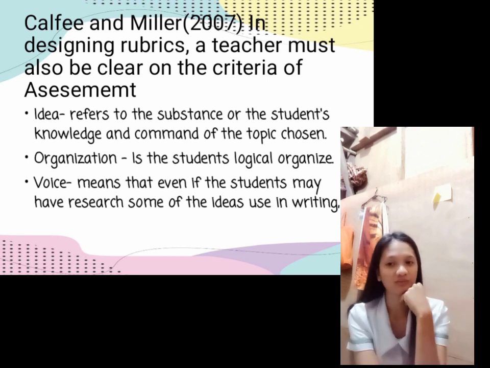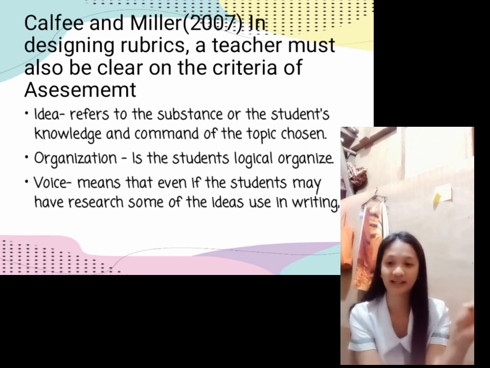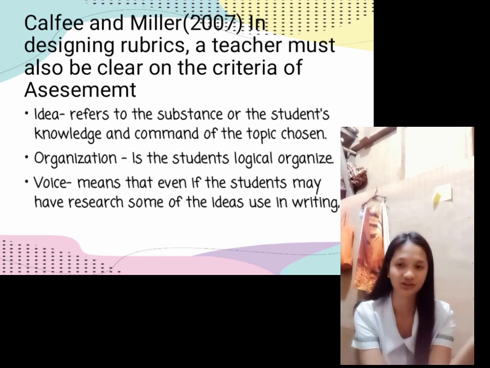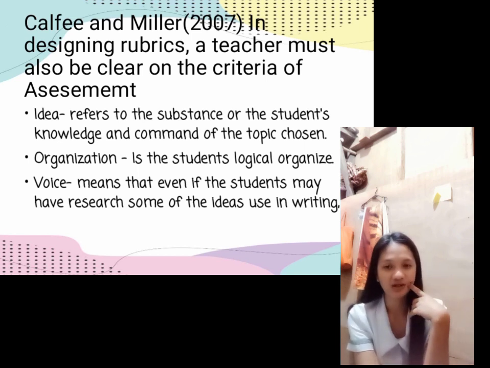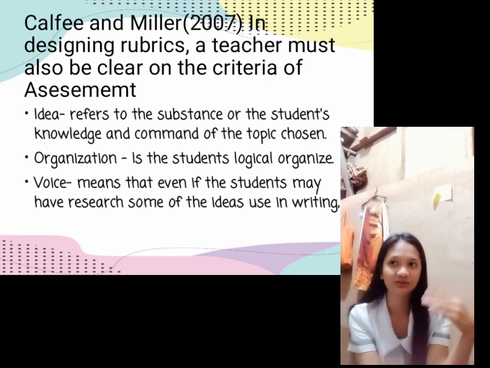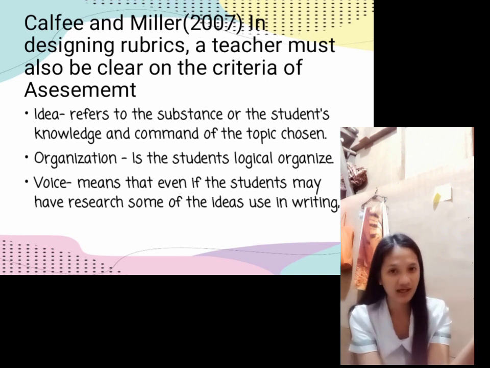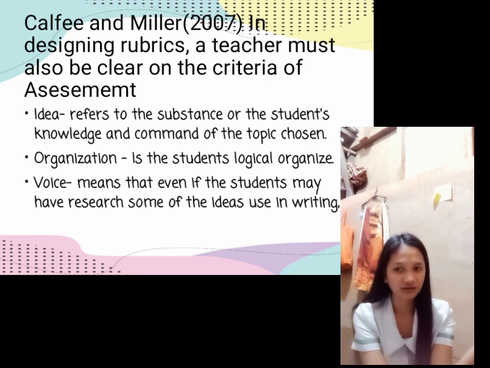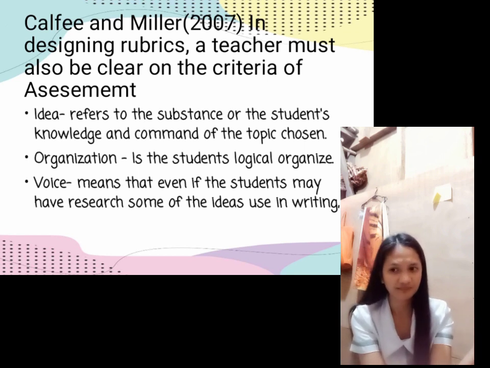So what are those criteria for evaluating? Number one is ideas. It refers to the substance or the student's knowledge. So by this, we can see the command of the topic chosen. So depende ra sa estudyante kung sa iyang i-choose na idea, or it's either ugana ba or di.